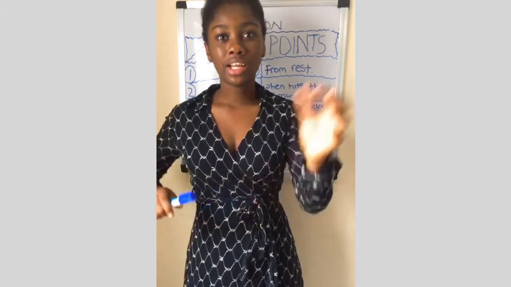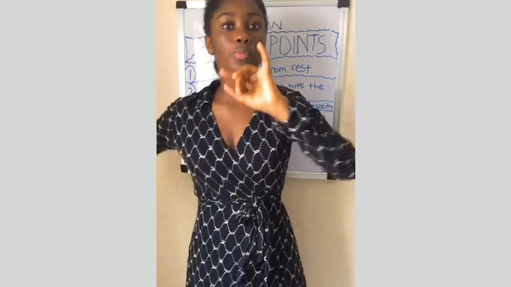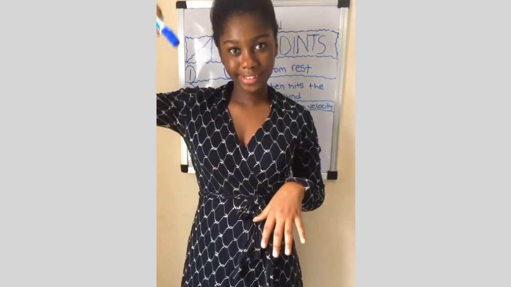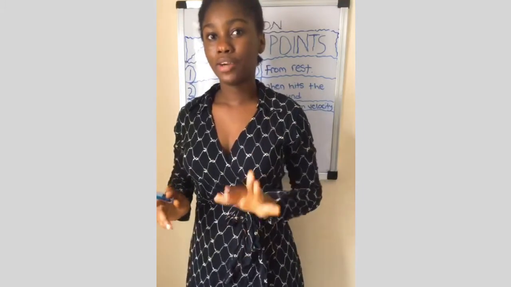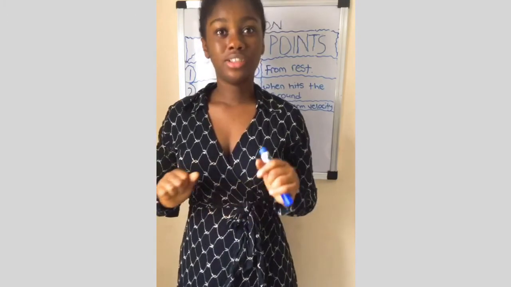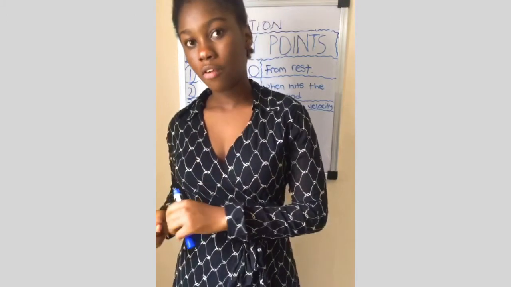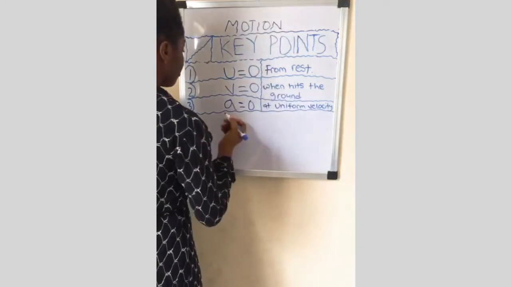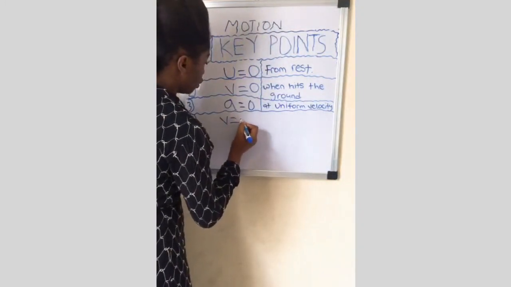Turning point in the sense that when you're driving and you make a turn, the final velocity there is equal to 0. Maximum height, that one is in projectile motion and the rest. So v, final velocity v, is equal to 0 at maximum height. When a car is driving and brake is applied, the final velocity at that instant is equal to 0.